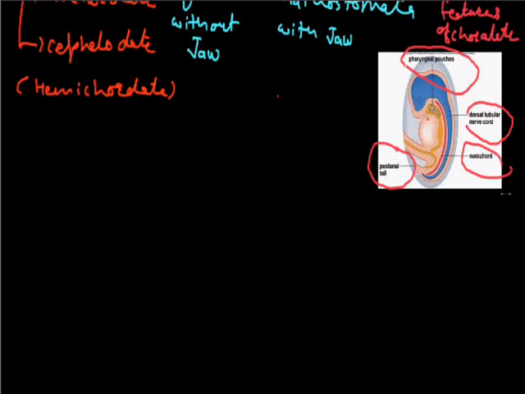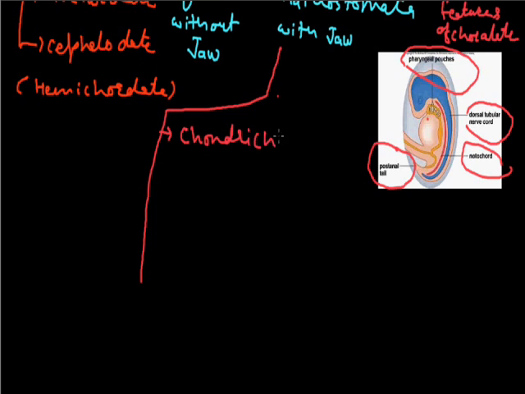Now, the Gnathostomata is further classified into classes. What are the classes of this group? The first class we call Chondrichthyes, and second, Osteichthyes. Chondrichthyes are the cartilaginous fishes.